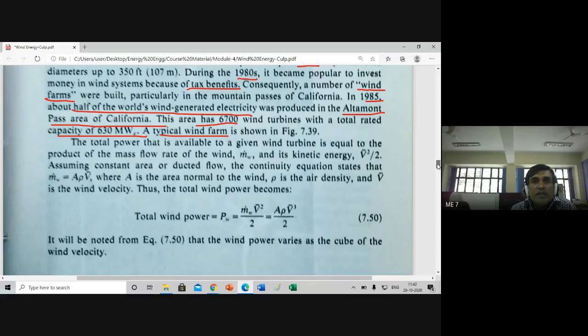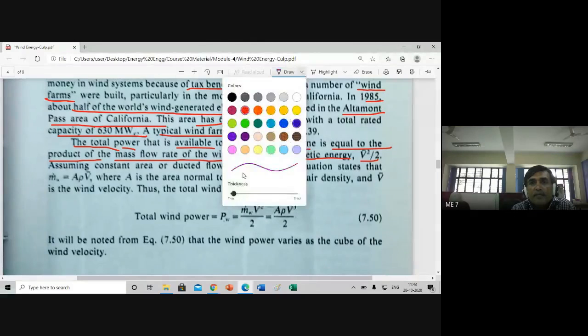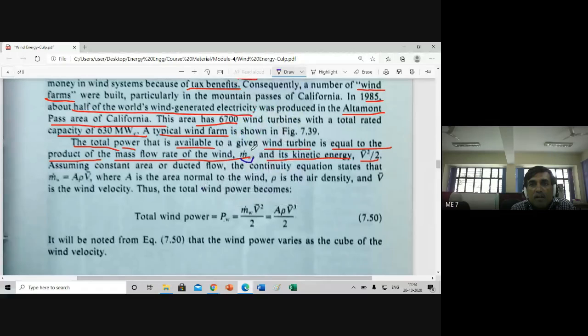Now coming to this. The total power that is available to a given wind turbine is equal to the product of the mass flow rate and its kinetic energy. m dot V square by 2 is the power.